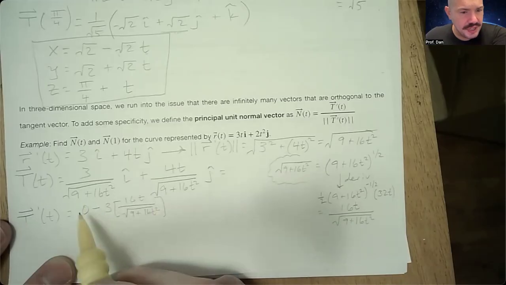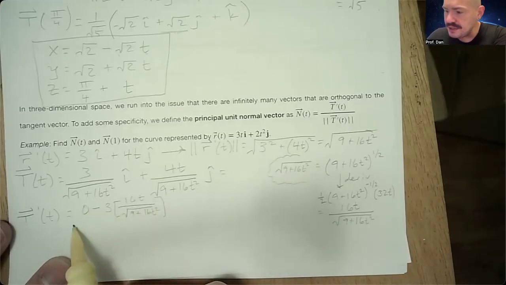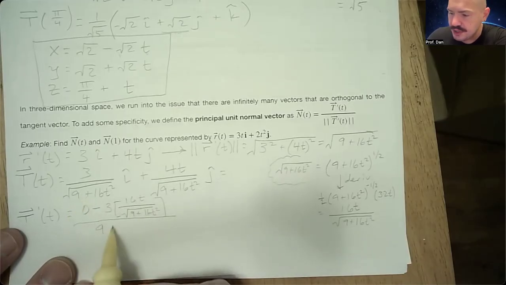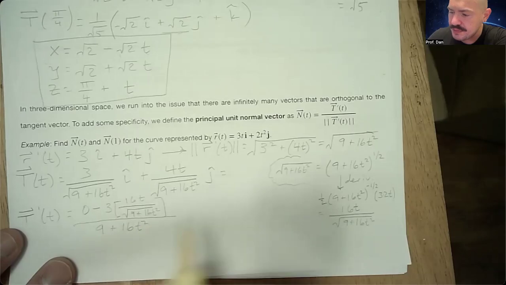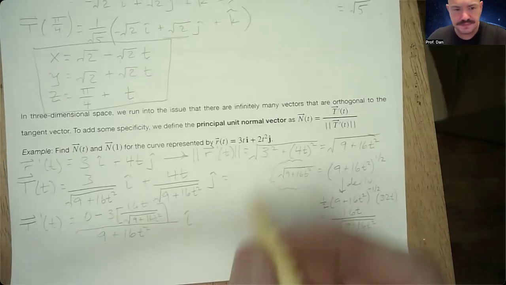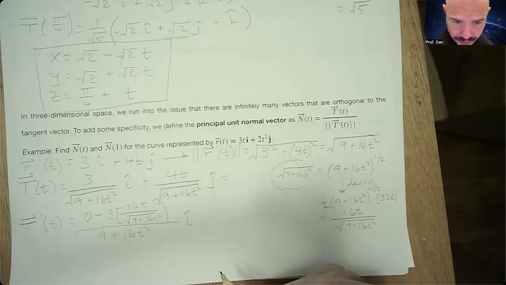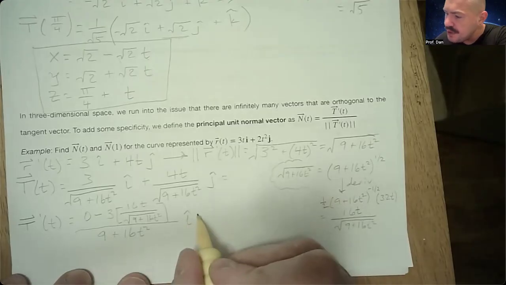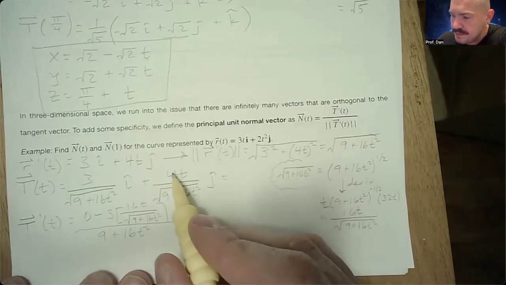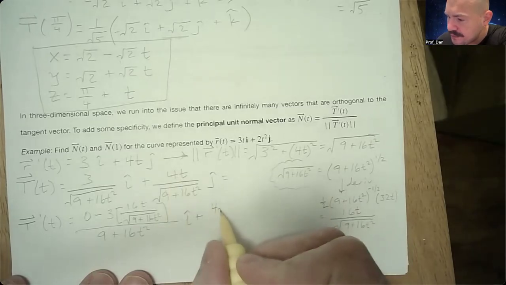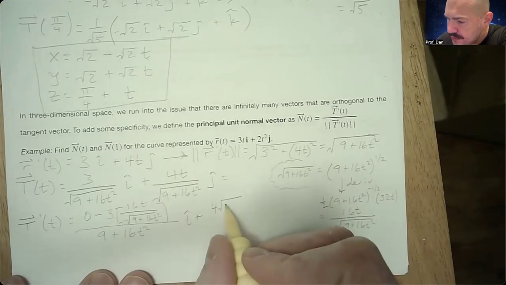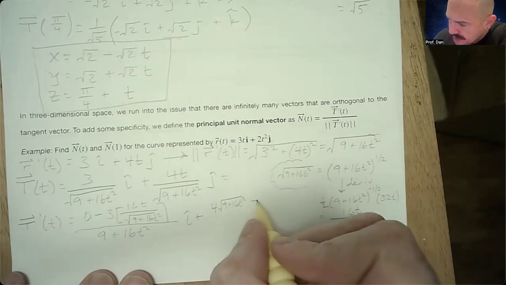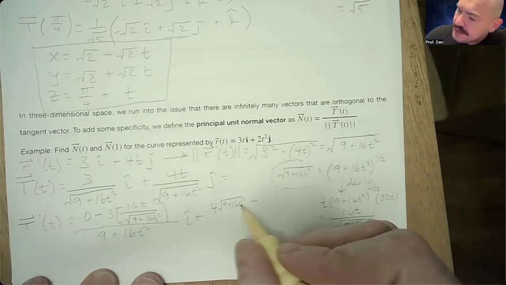So that's f prime g minus f g prime, and this is going to be all over g squared. If I square that square root, it just becomes the inside of the root. And that's our i component. Then our j component, we can do something similar. So f prime g, so derivative of 4t is 4 times the square root of 9 plus 16t squared, minus f g prime.